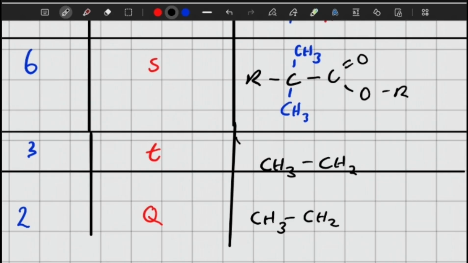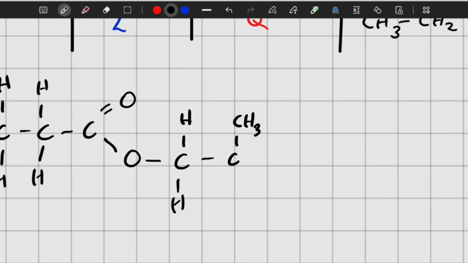So it would definitely be next to the ester bond, and it'll be next to the carbon with the 2 methyl groups, because that central carbon has only the methyl groups attached and no hydrogens on it. I don't know guys if I'm making any sense right now, but the group's going to go here because it has to fit the puzzle.